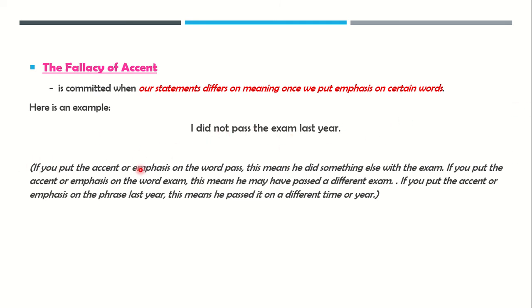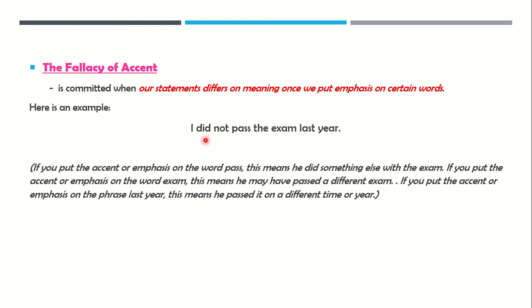If you put the accent or emphasis on the word pass, this means he did something else with the exam. I did not pass the exam last year. So he did not pass the exam he took last year. Next one. If you put accent or emphasis on the word exam, this means he may have passed a different exam.